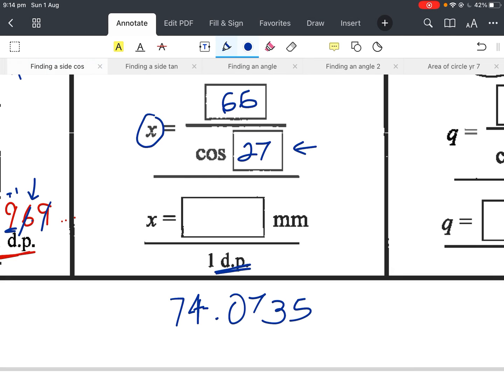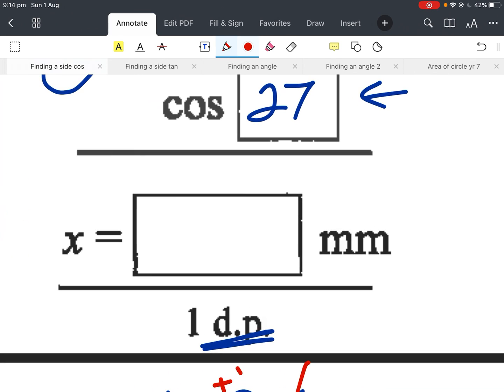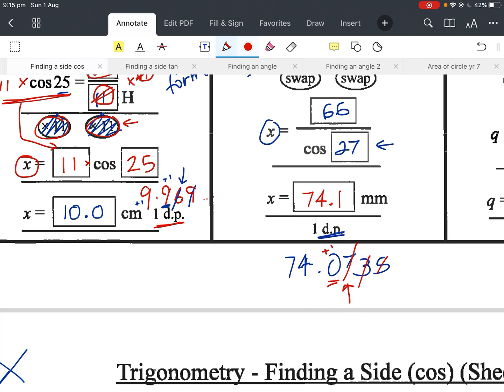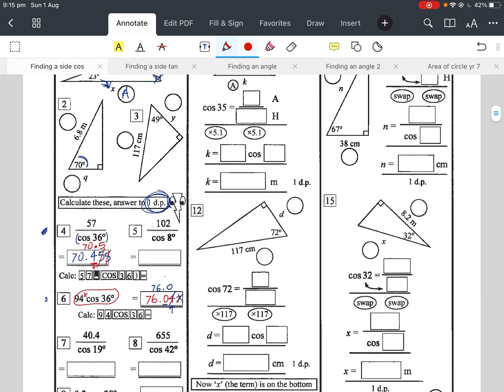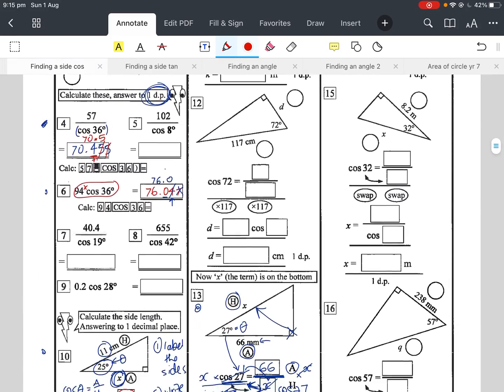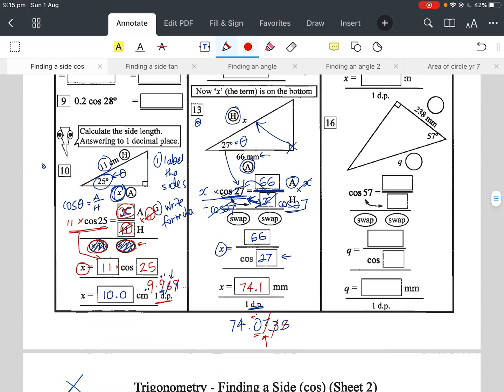But it only wants it to one decimal place. So let's change color. I'm going to keep the 0, but get rid of these ones, but I must look at the 7. 7 is telling me to round up or add 1 to the 0, so my final answer becomes 74.1 millimeters.